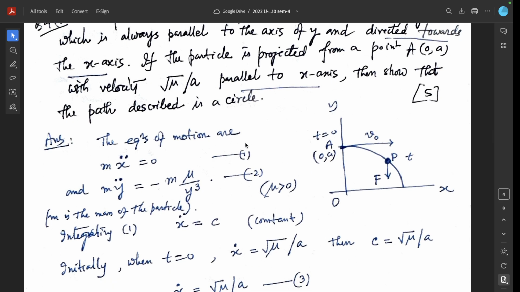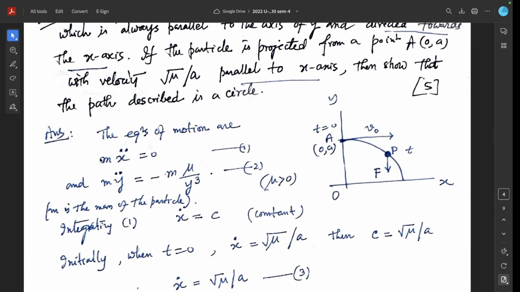The equations of motion of the particle are m x double dot, where x double dot means d2x by dt square, equal to 0, because at this point P there is no force along the x-axis. So this is equal to 0 force. And this is m y double dot. Actually, m y double dot equals m d2y by dt square.